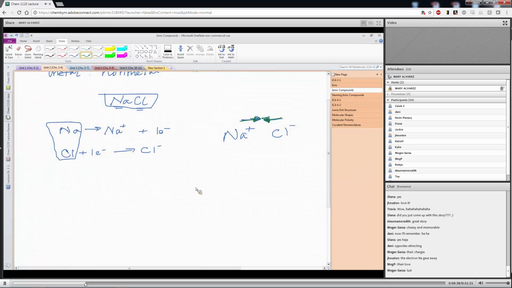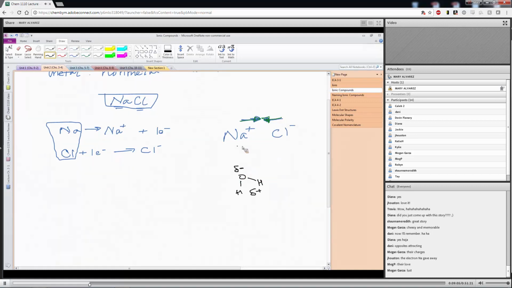We've got to talk about water. When you put sodium and chlorine in water, for reasons we'll get to in the next chapter, water has a structure like this. These are covalent bonds. And water has a partial negative on one side of the molecule and a partial positive on the other side. Now this partial negative is not a full negative.